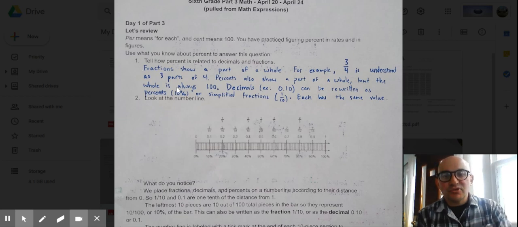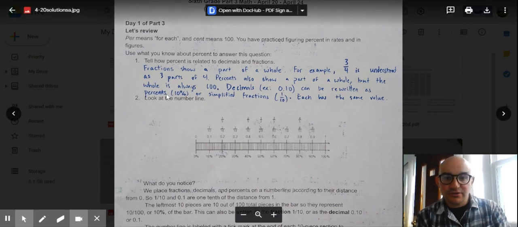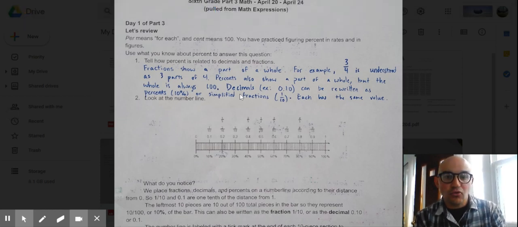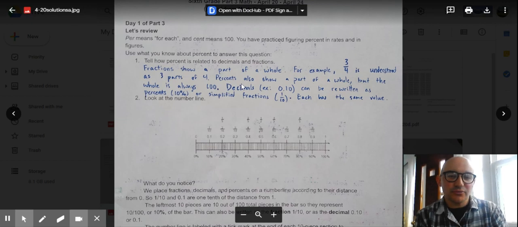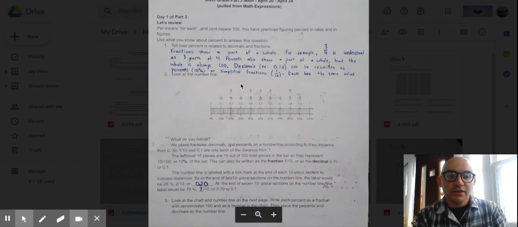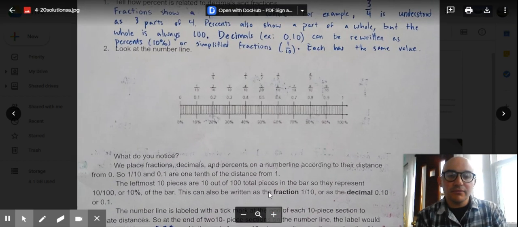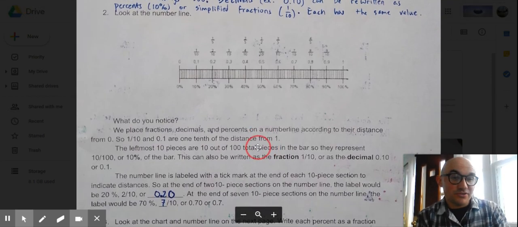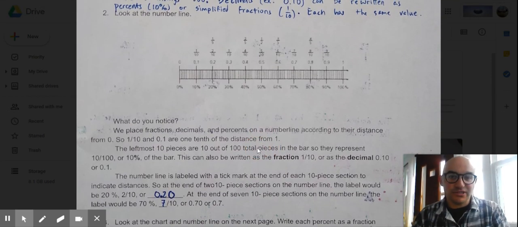Decimals can be rewritten as percents. So 0.10 can be rewritten as 10%, or as 1/10. Each of those 3 has the exact same value. So they're related because they have the same value. They're just different ways of representing or writing them.